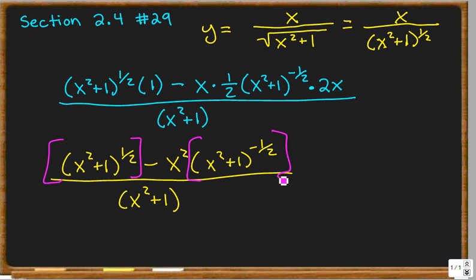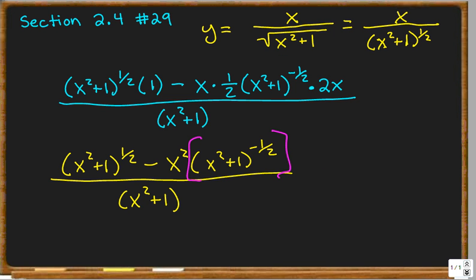To the left, you have the 1/2 power. To the right, you have the negative 1/2 power. So when you factor, you always want to take out the lesser one, because the smaller factor is always in the larger one.